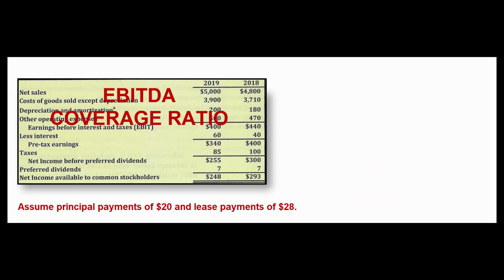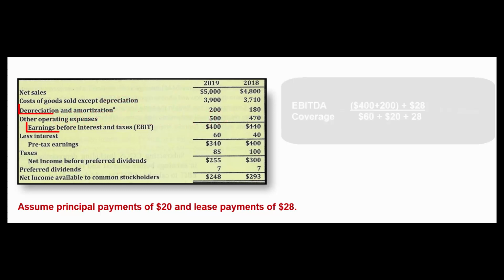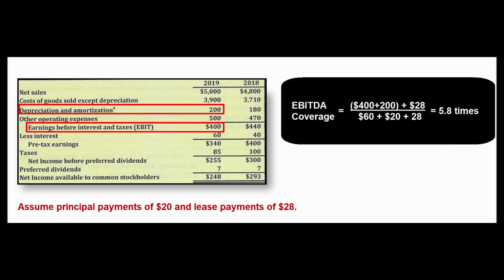Some companies don't own their long-term assets and borrow to buy them. Some companies rent their assets and make lease payments instead of interest payments. So a measure of their EBITDA coverage ratio might be a good idea.